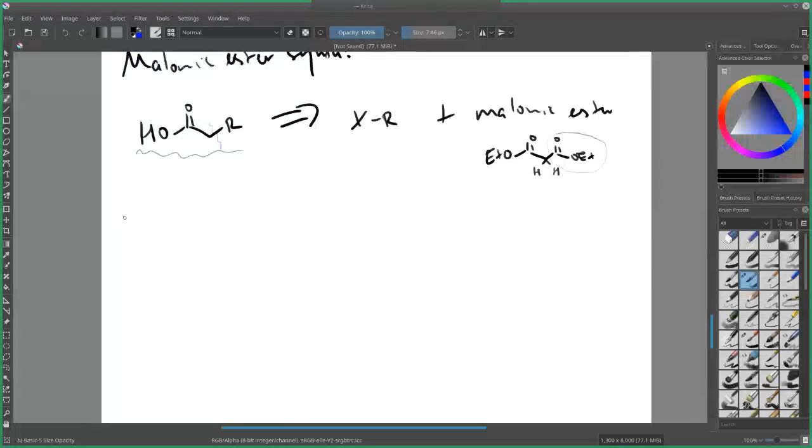Okay. And the same thing goes for the acetoacetic ester synthesis. It's the same idea here.